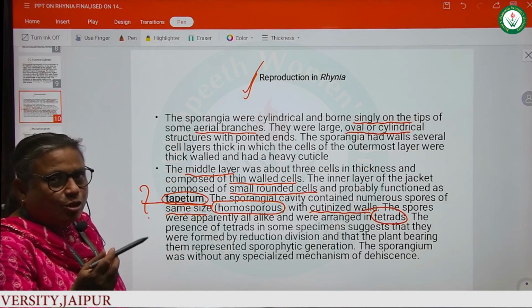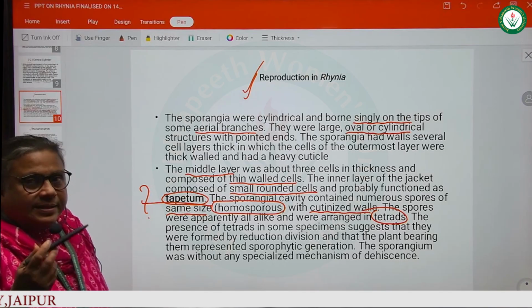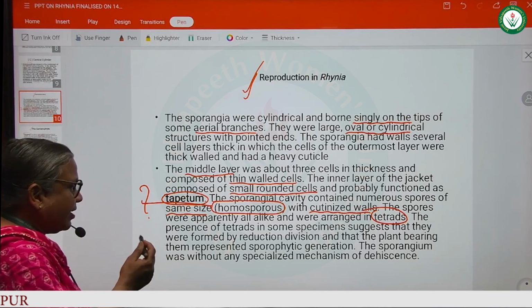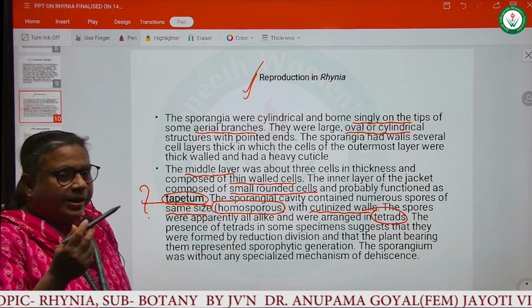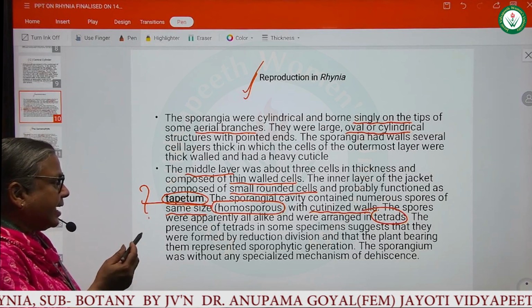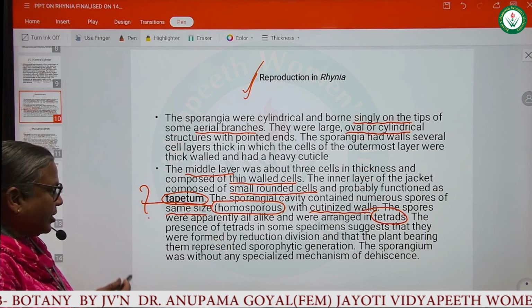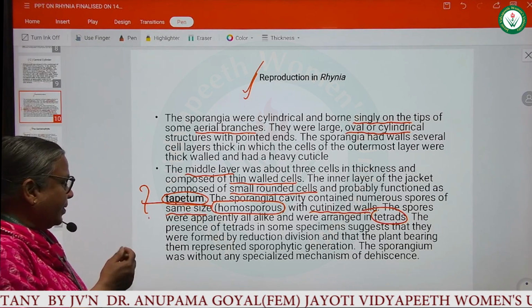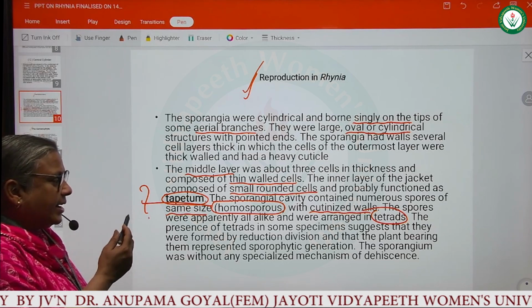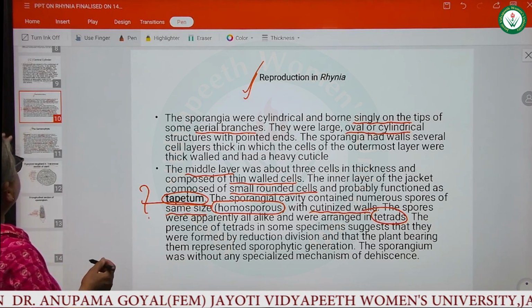The presence of tetrads in some specimens suggests that they were formed by reduction division and that the plant bearing them represented the sporophytic generation. The sporangium was without any specialized mechanism of dehiscence.